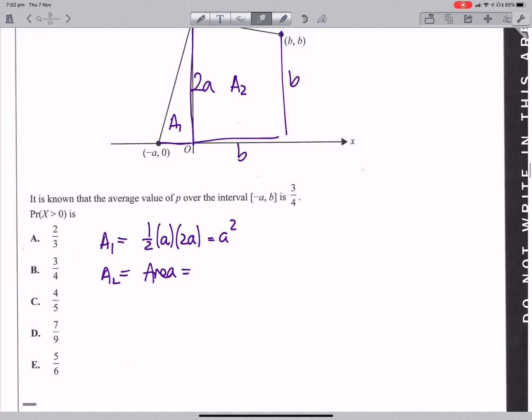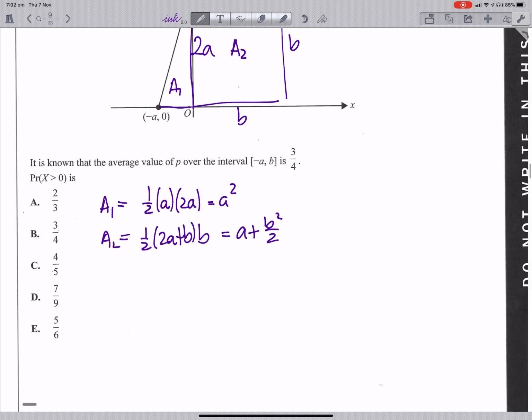Area is a half, 2a plus b times b, which is a plus b squared on 2. So we know a squared plus a plus b squared on 2 has to equal 1.